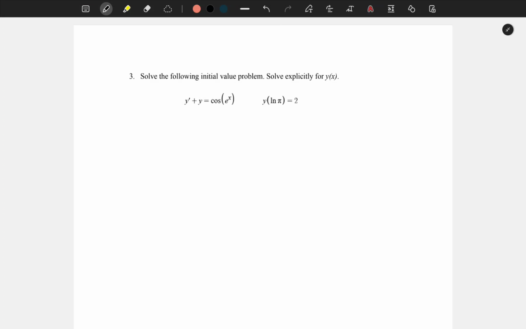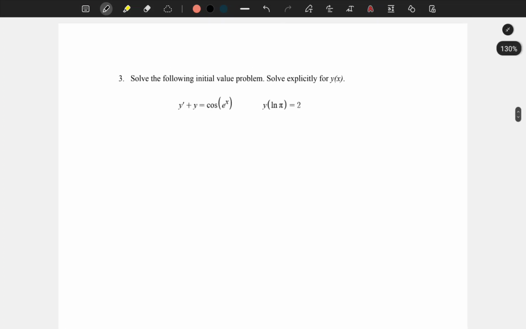Okay, so the first thing is there are actually two formulas that we need. We have to have our differential equation in the form of y prime plus p of x times y is equal to q of x.